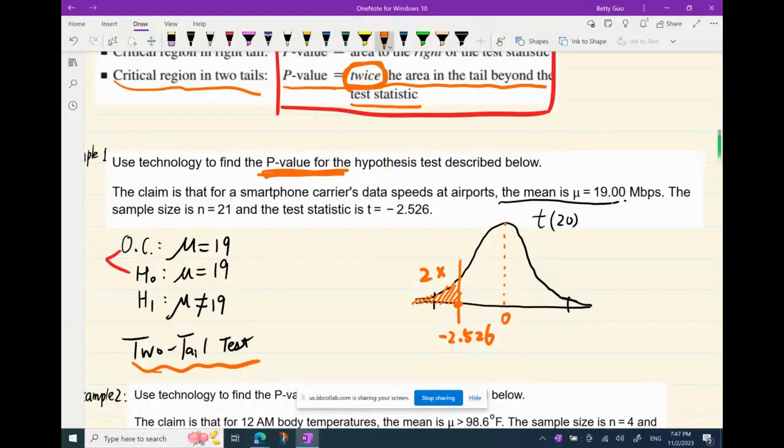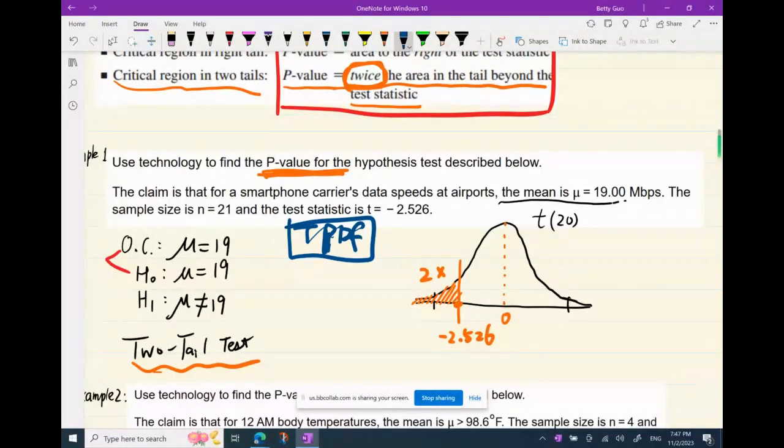Then how do we find the area of the shaded region? We are looking for the probability, right? So we are going to use the TPDF function in the calculator. All right, are you ready for the calculator?